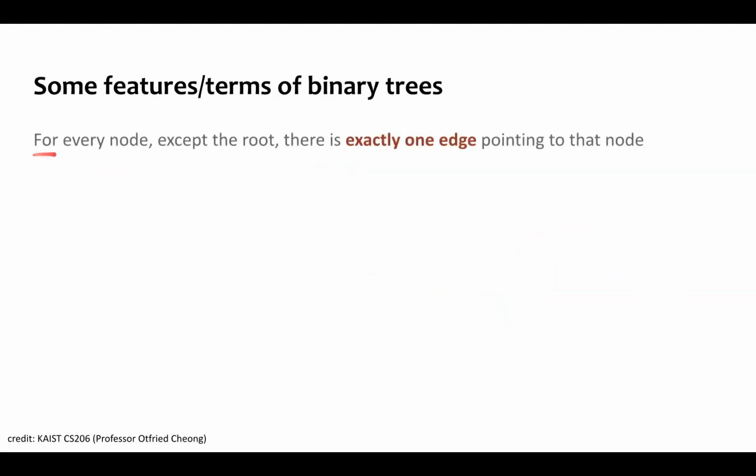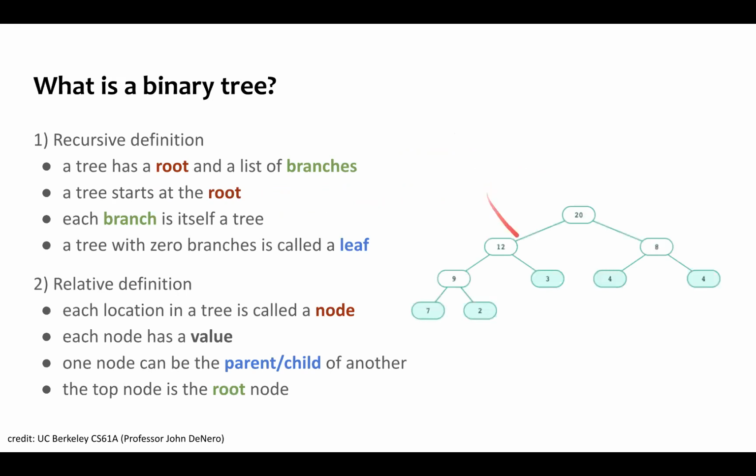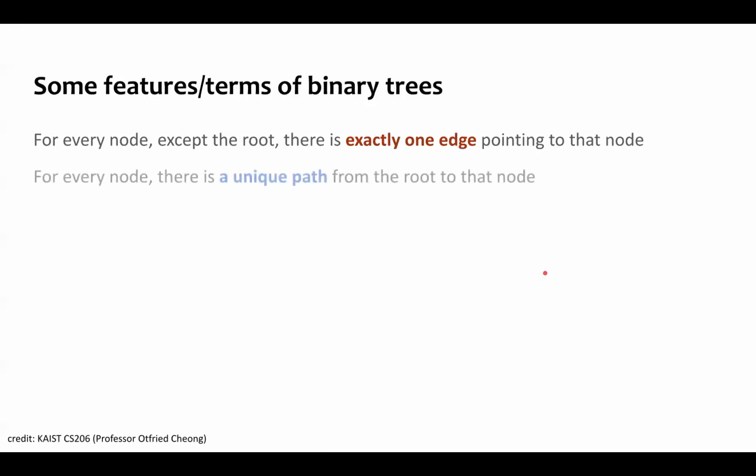So that is what it talks about. And for every node, there is a unique path from the root to that node. So in this example, there's just one path to reach the node with the value 3 from the root. We have just this one root. We have no other roots. That is another feature of binary trees.